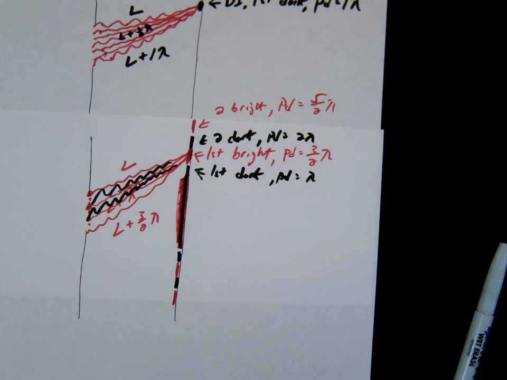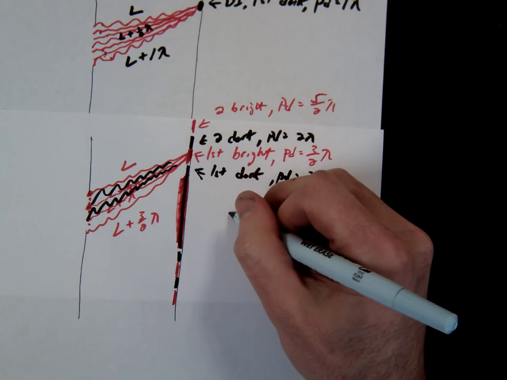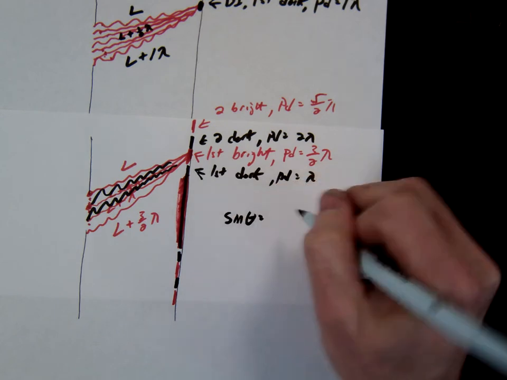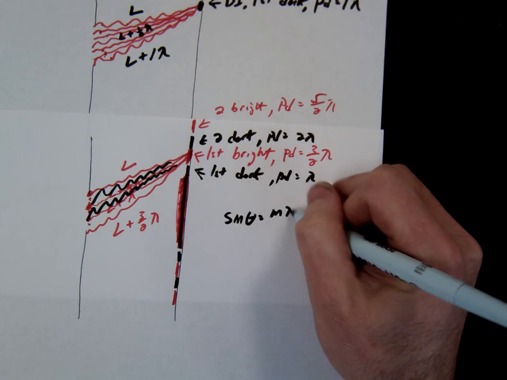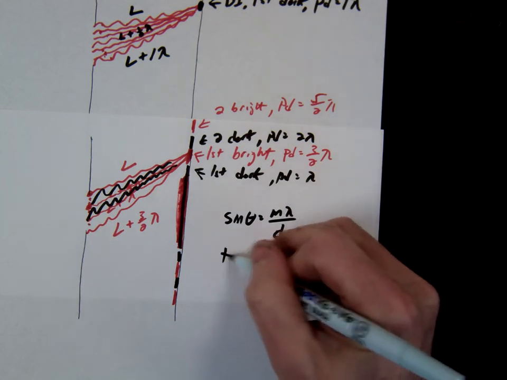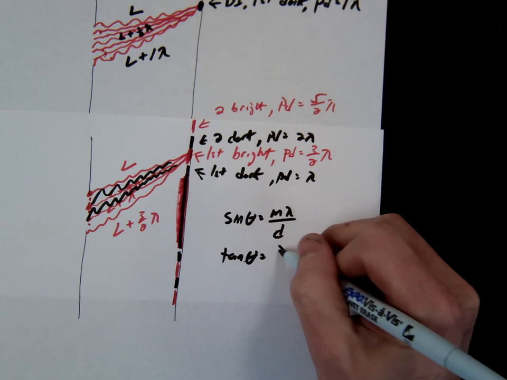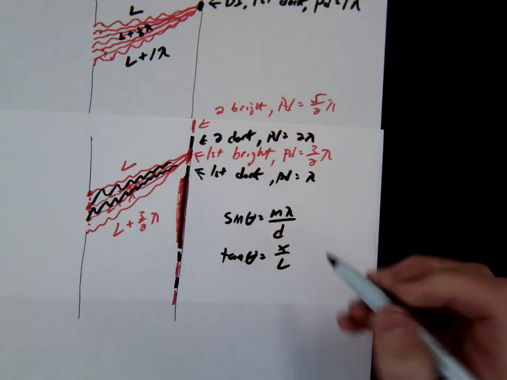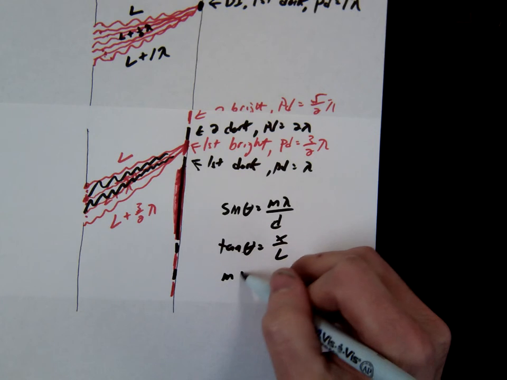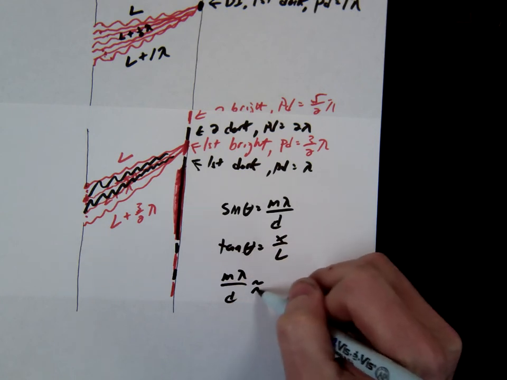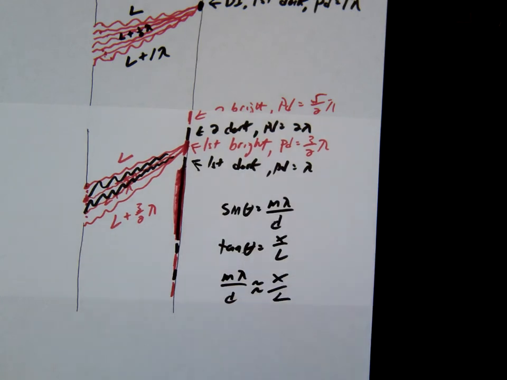Okay? Now the equations are the same. So let's just remind ourselves of the equations. What's the equation? Tan theta equals, and what's the approximation? Everything's the same.